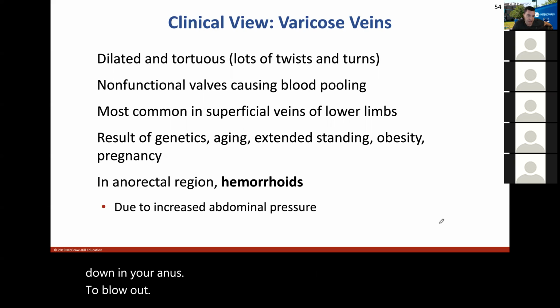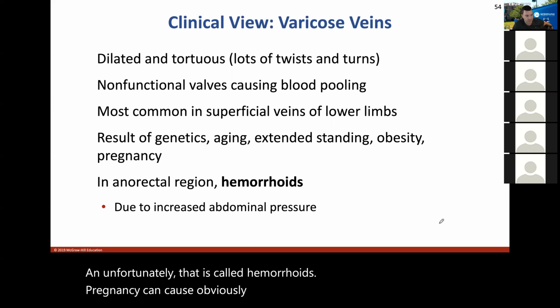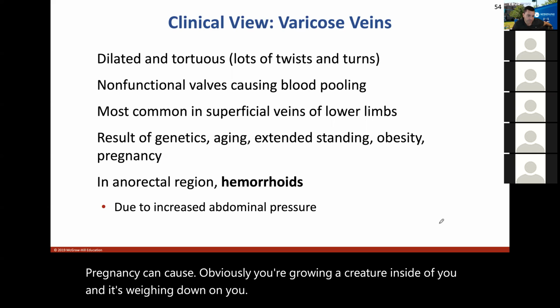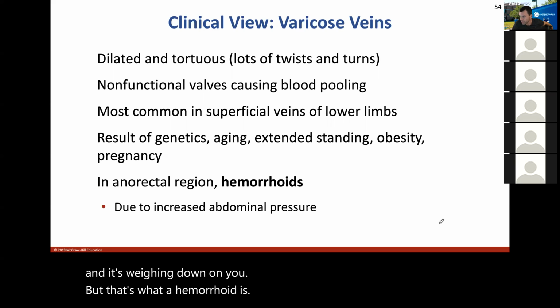And unfortunately, that is called hemorrhoids. Pregnancy can cause it. Obviously, you're growing a creature inside of you and it's weighing down on you. But that's what a hemorrhoid is. A non-functional valve within the veins of the anal rectal region.